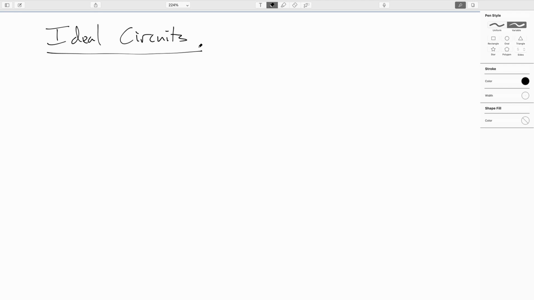So I will start with the most reasonable assumption and work my way to the least reasonable. So this will be the most reasonable, and this will be the least reasonable assumption.